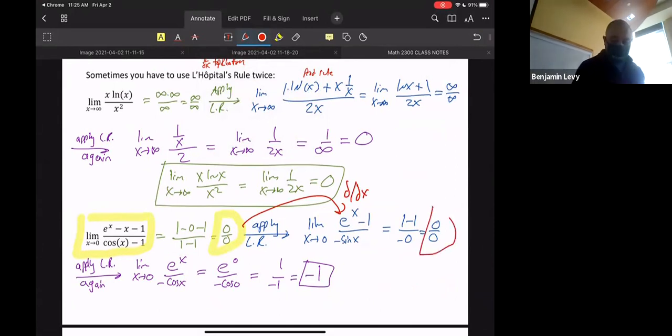We still got an indeterminate form. And so we applied L'Hopital's rule again. So from here to here on the bottom, we differentiated again. And at that point, when we plugged in 0, we didn't get an indeterminate form. That was okay. And so that's how we evaluated that limit. So I was getting at the idea that sometimes you have to do it twice. And so we're just going to apply this to a slightly different situation in this last page here.